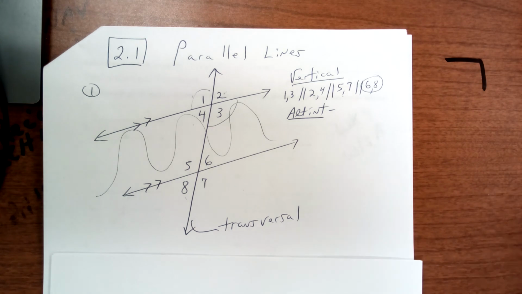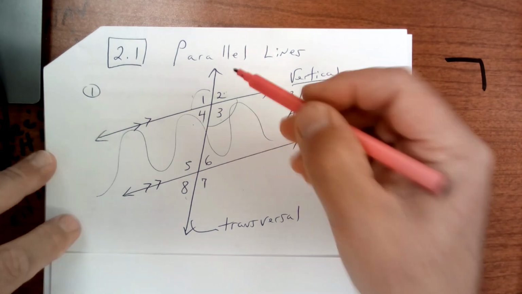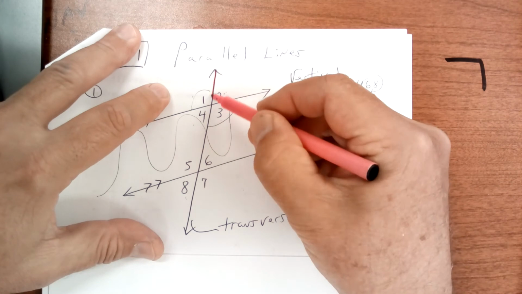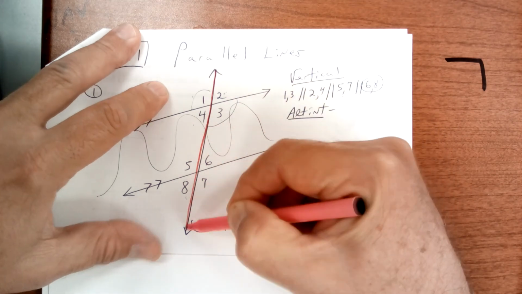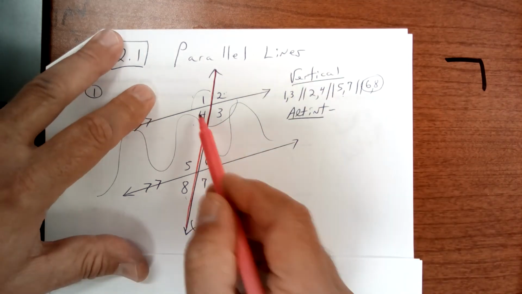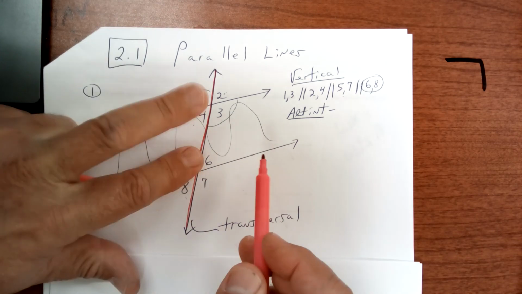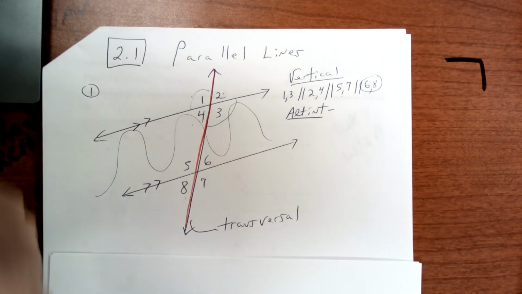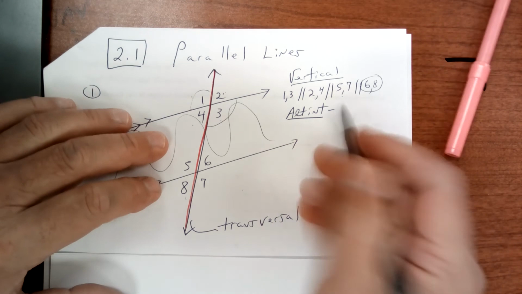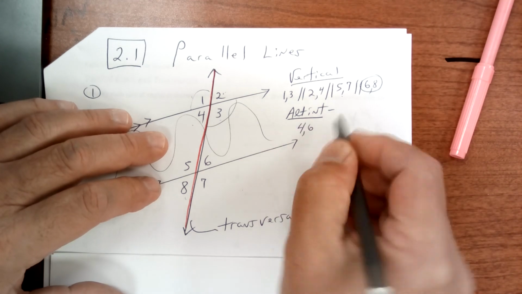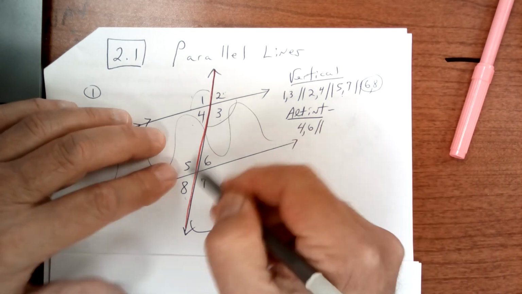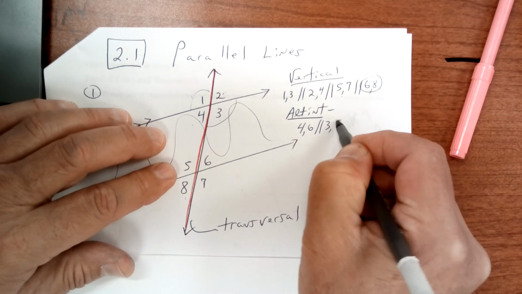So I'll make this line a different color. So look at that line, that's your transversal. So if it's going to alternate, it's going to jump across it. So 4 and 6 are alternating interior. So put 4 and 6, and 3 and 5. Those are called alternating interior.